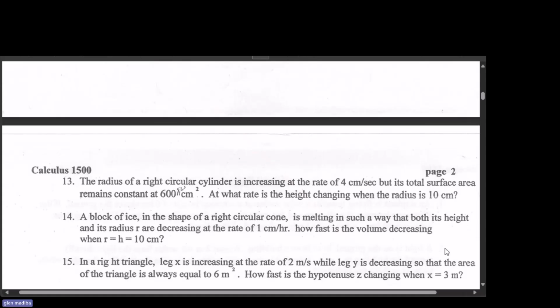In a right triangle, leg X is increasing at a rate of 2 meters per second, while leg Y is decreasing, so that the area of the triangle is always equals to 6 meters squared.